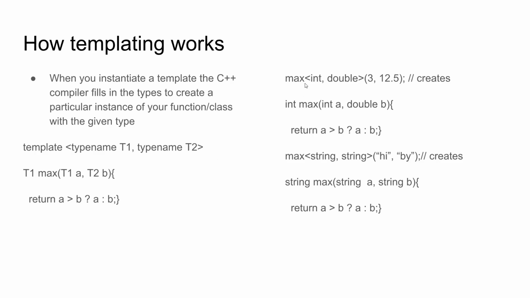If I say the max of an int and a double, what the compiler is going to create is a max function that returns an integer, accepts an integer as the first parameter, and a double as the second parameter. If I say the max of string, string, it's going to create a max function that returns a string and takes two strings as arguments. So it's literally writing the code that would need to be done for that particular type. It just substitutes the type in.